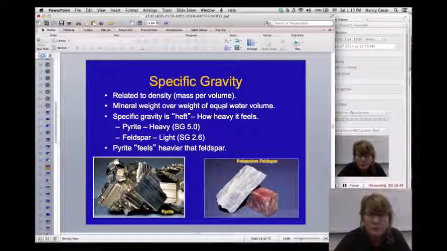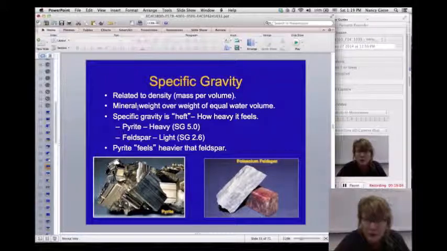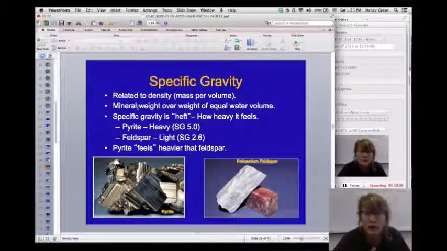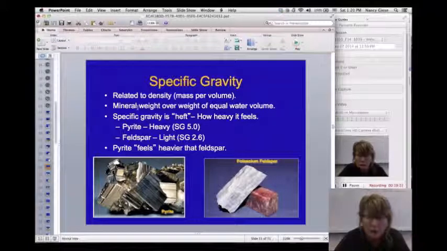When we're measuring the density or specific gravity of a mineral, if we're doing it more precisely, we take it into the classroom or the lab setting, and we take the weight of the mineral over a weight of the equal volume of water. You don't need to do that for this lab. We're just going to get a general idea of the density of the mineral. So we're going to talk about density. We're not going to measure it precisely.